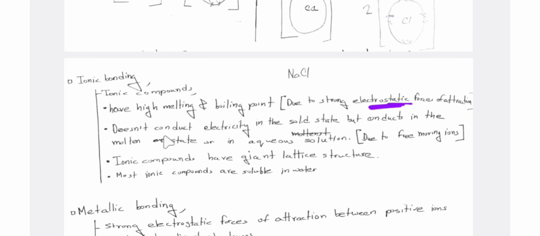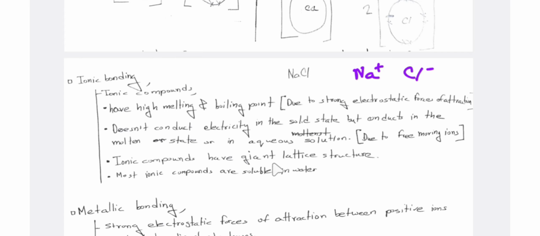Ionic compounds do not conduct electricity in the solid state, because the ions are packed closely together, but they can conduct electricity in the molten state or in aqueous solution, because the ions are free to move. Now in the molten state or in aqueous solution, the sodium plus ion and chloride minus ion can move, and these ions enable the ionic compound to conduct electricity.